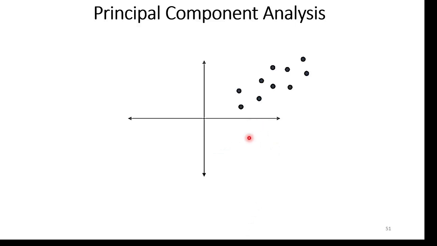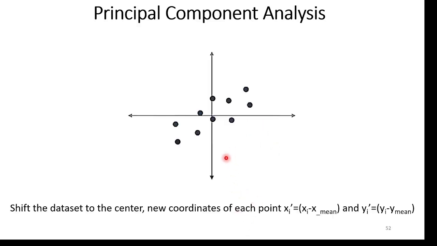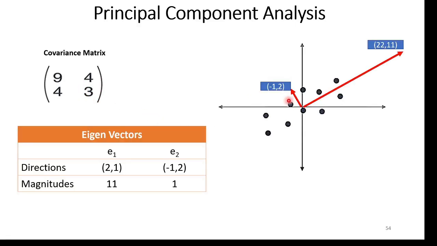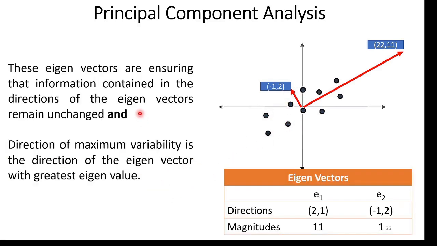Consider these 2D data points. We shift the dataset to the center. The new coordinates are xi minus x mean and yi minus y mean for each data point. This is the covariance matrix for the given dataset. These are the eigenvectors for the matrix. The directions and magnitudes of the eigenvectors E1 and E2 are given here.